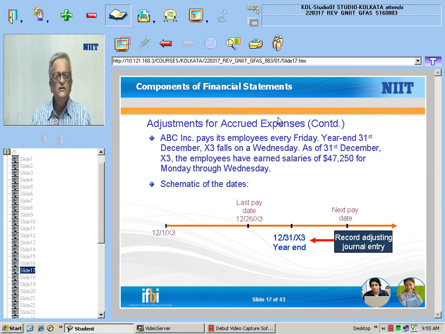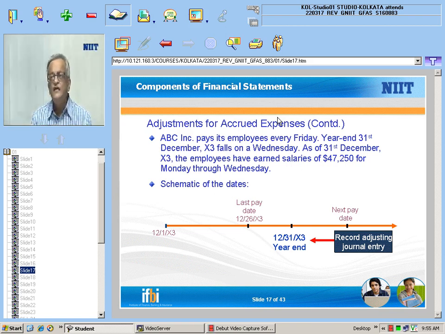That means every Friday payment is made. Friday date is 26th. 26th of December is Friday.